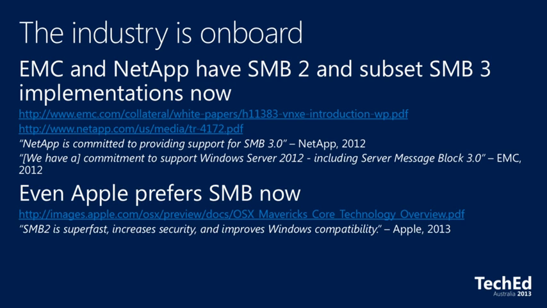Even Apple, who would not spit on me if I was on fire, believes in SMB2 now. In Mavericks, that's the primary file protocol now. No longer AppleTalk, Apple Filing Protocol, whatever it's called, except for one of their features.